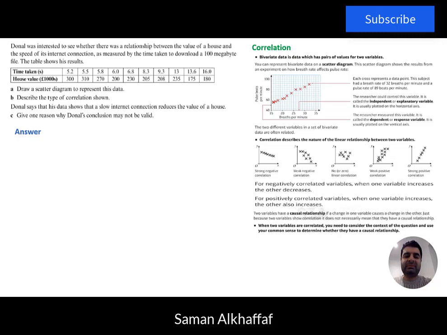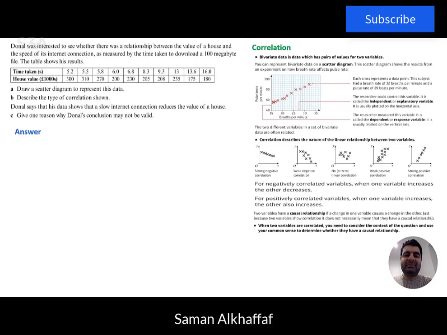5.2, and the house value will be around 300. When the time is 5.5, the house value is 310 in terms of thousands of pounds, and 5.8 equates to 270.